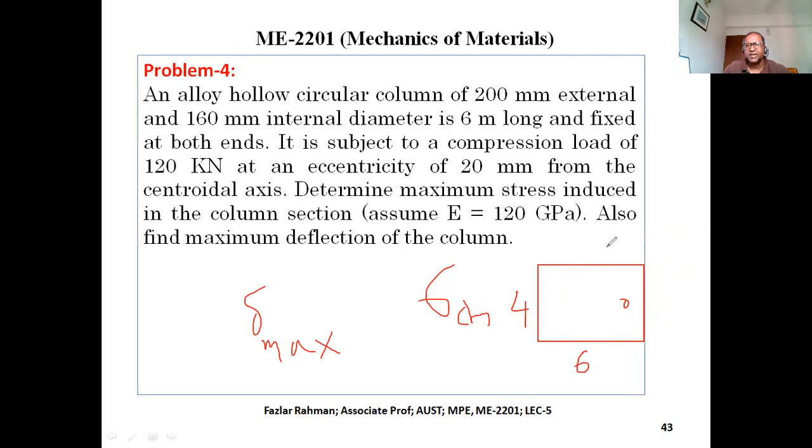And I'm saying the location of this point from the left side is 4.5. Now you need to figure out what is the eccentricity of this column. Anyone?